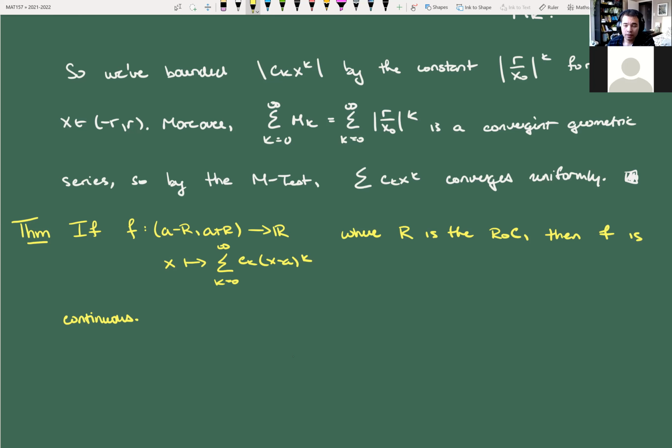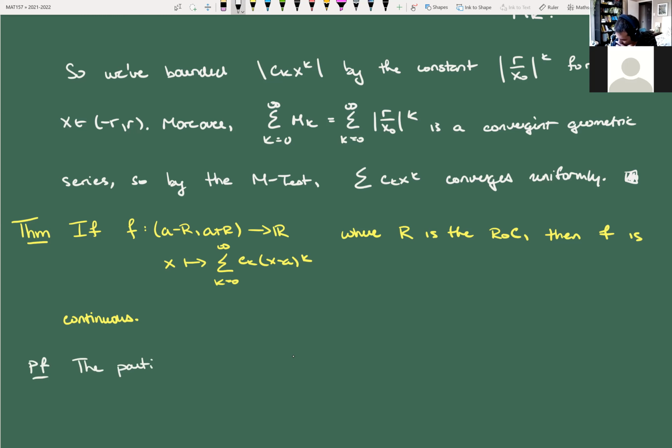And the proof of that, there's almost nothing to do. Because by uniform convergence, the partial sums here are continuous. I guess in this case, we don't have to set a to be 0 because we're not going to say much.